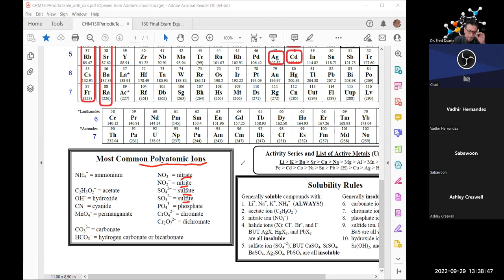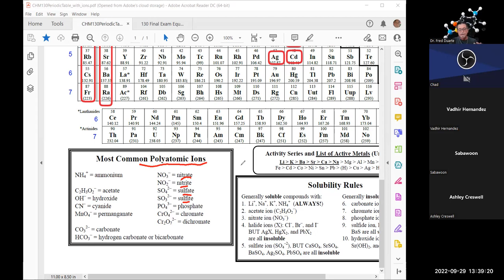Now, the Lewis dot structure process is the same that we've been doing. We tally up the valence electrons. Where it differs depends on the ion that you have. If the ion is negative, we're going to either add or subtract to the tally of valence electrons. It doesn't mean we are subtracting or adding valence electrons.